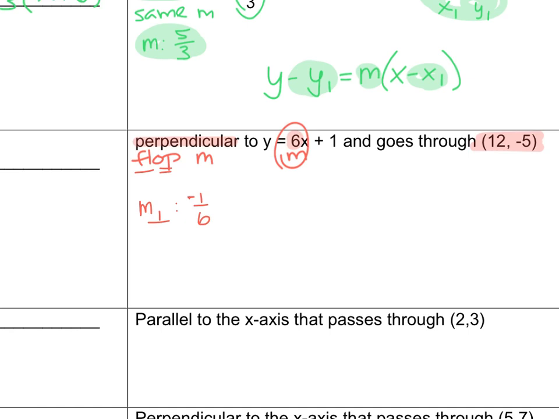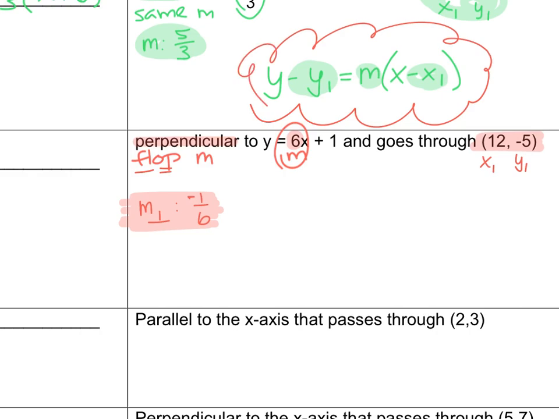So then my slope for perpendicular becomes -1/6. I'm going to use that slope and my point over here, which I'm going to label x1, y1, to write another point-slope form equation.